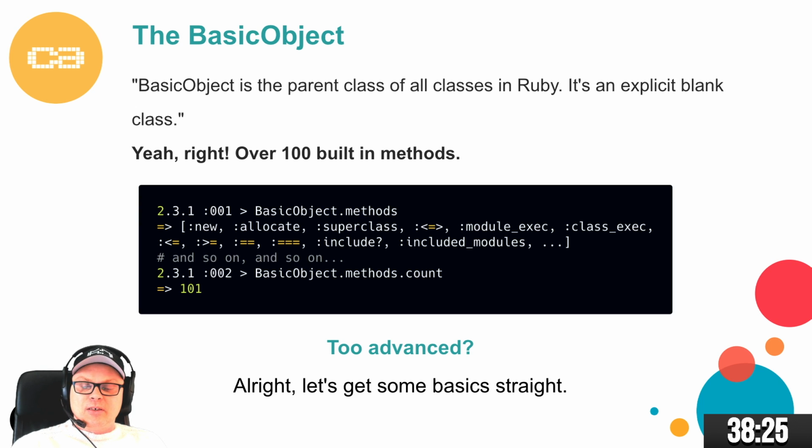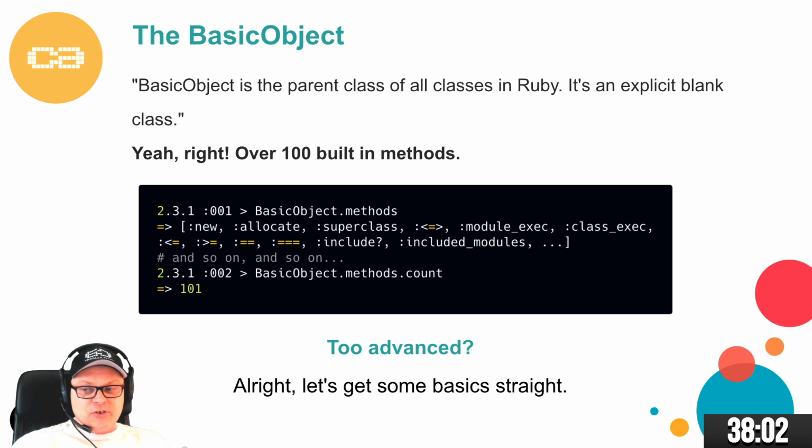It's pretty much a blank class with over 100 methods that are already built in. So you can always type BasicObject in Pascal case in your IRB and call .methods on it, and then you will see all the methods that are listed.